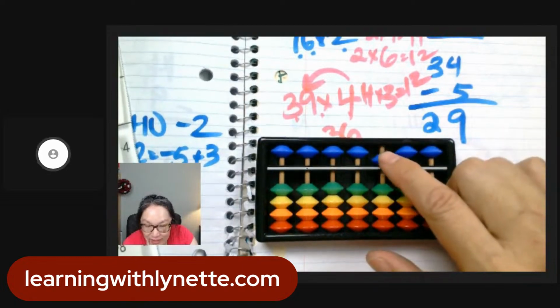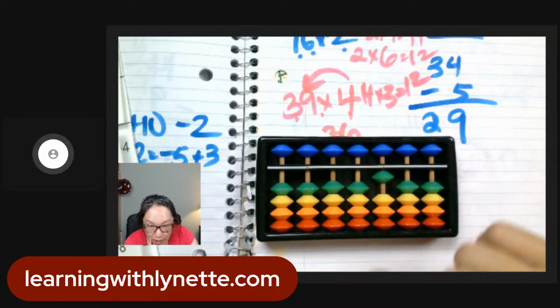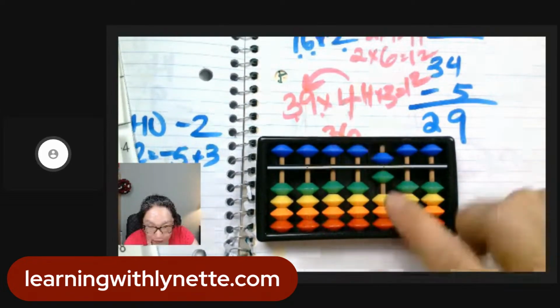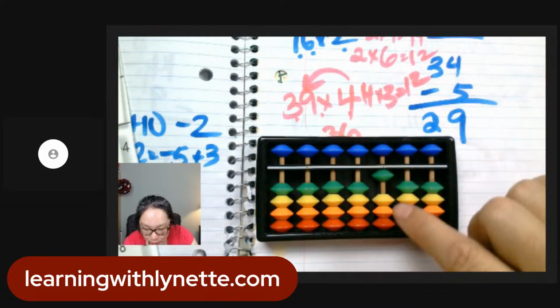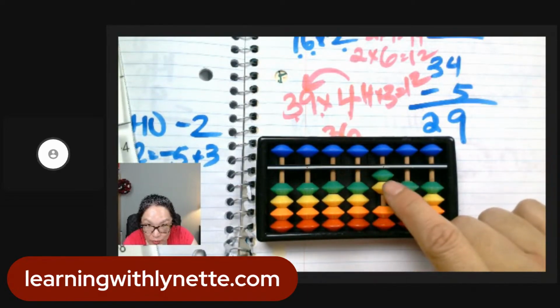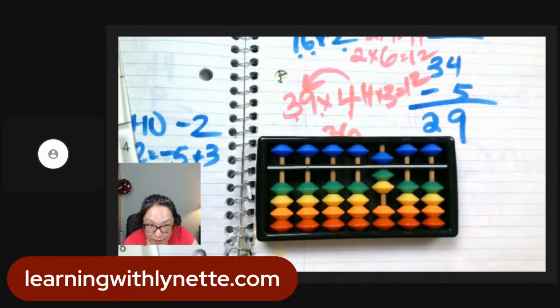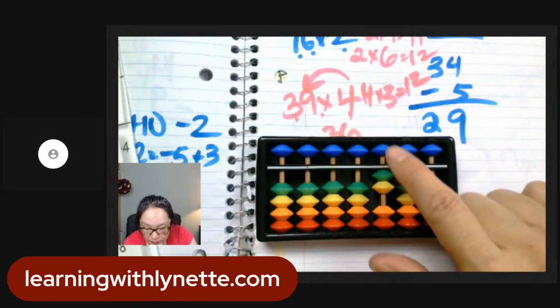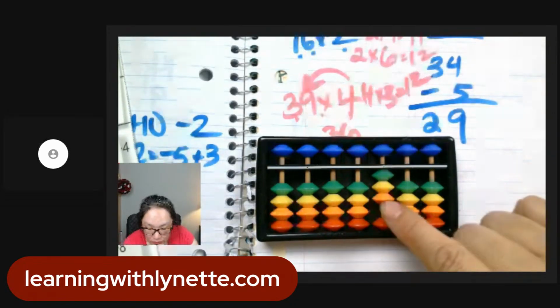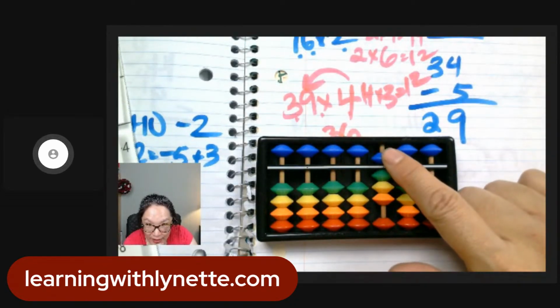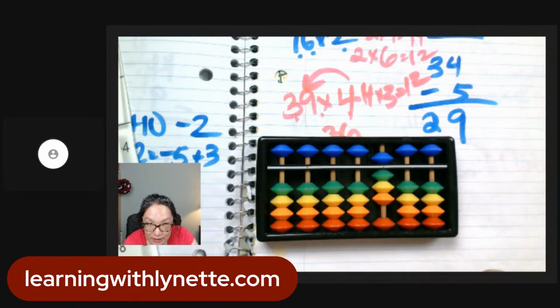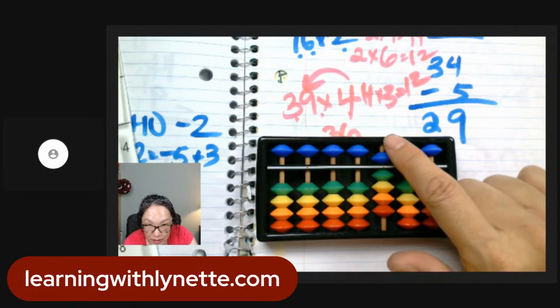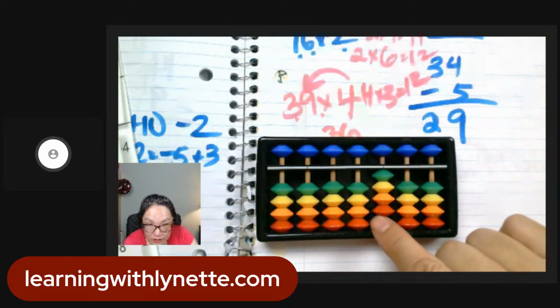So we have 5. If I do 1, I'm going to add 5. Now we have 6. We have 2. We've seen 2 before. We add 5. Now we have 7. We have 3. 1, 2, 3. We add the 5. Now we have 8. 5 plus 3 is 8. And then 4. Here's 4.